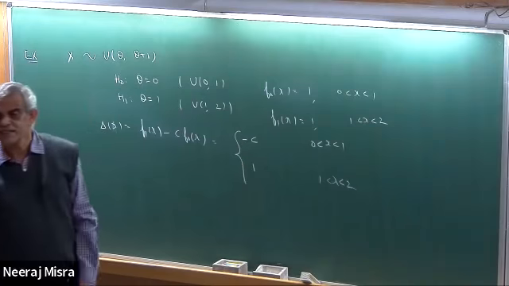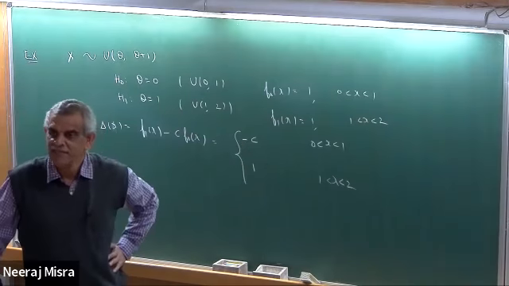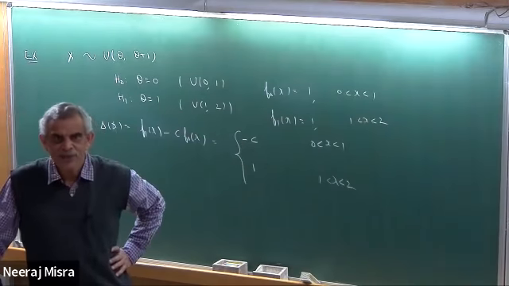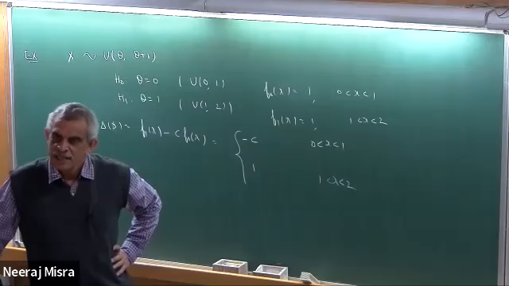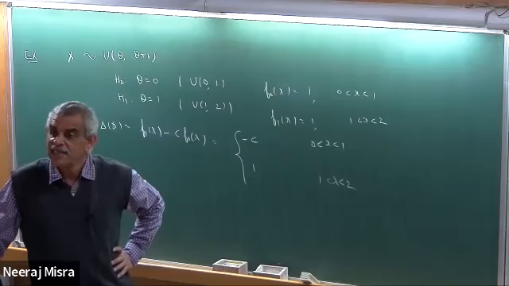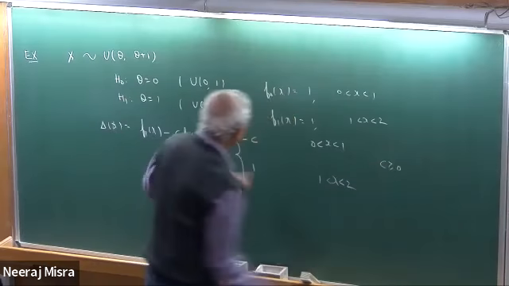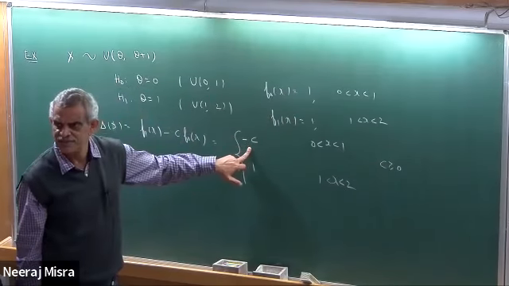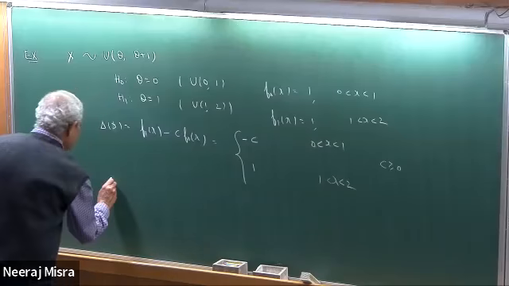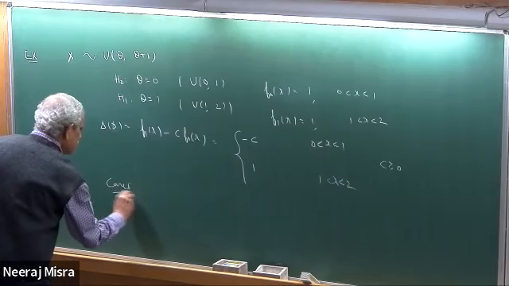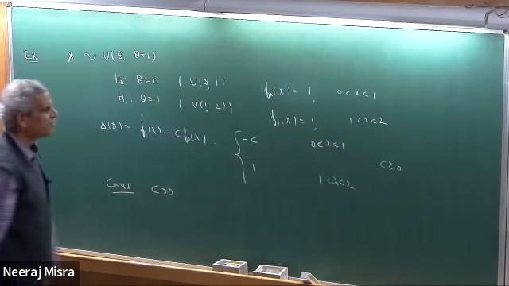But in this case, depending on c, I can play around. So one choice is c strictly positive, because c has to be greater than or equal to 0. That I know. Suppose c is strictly positive. So case first, c is strictly positive.